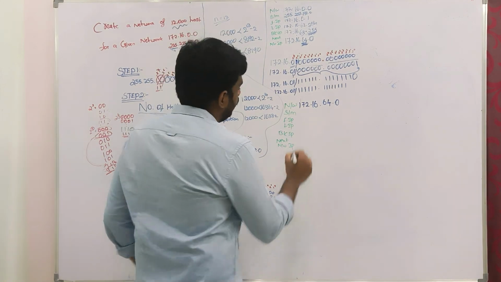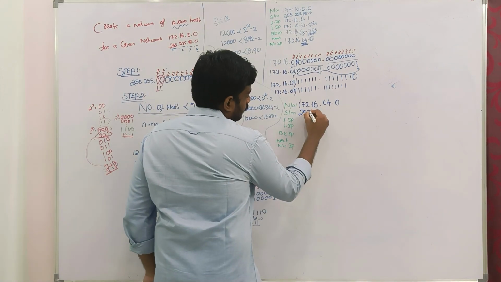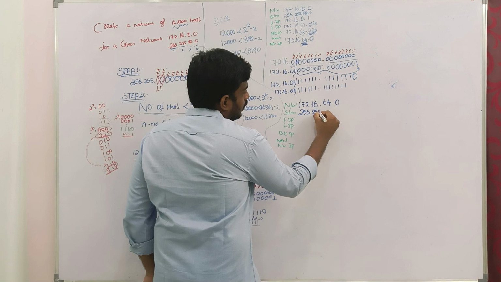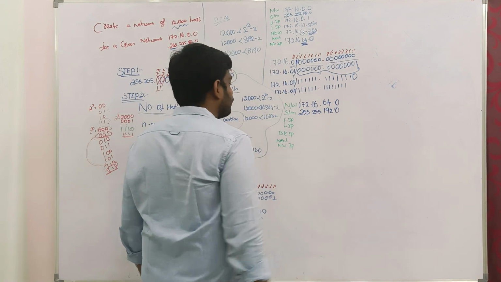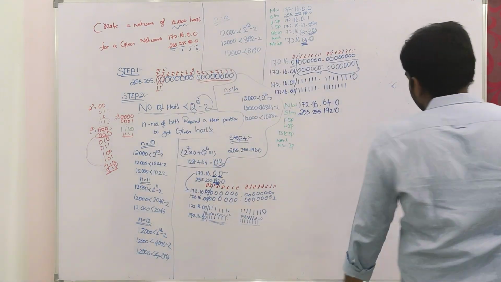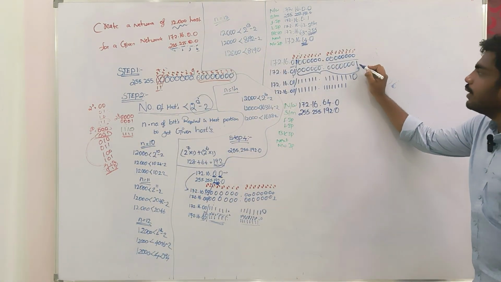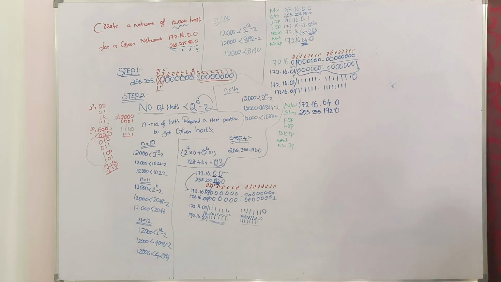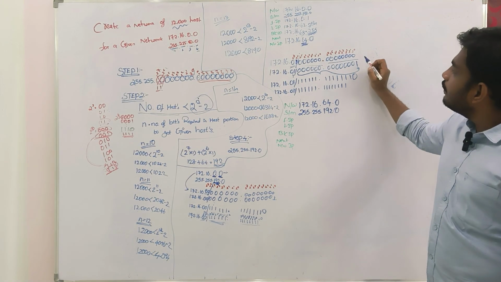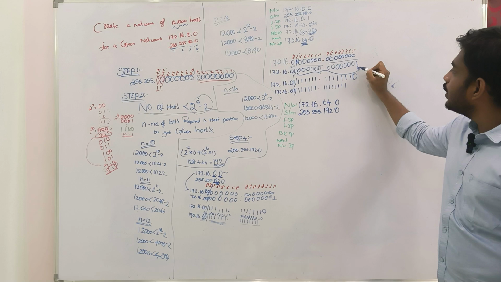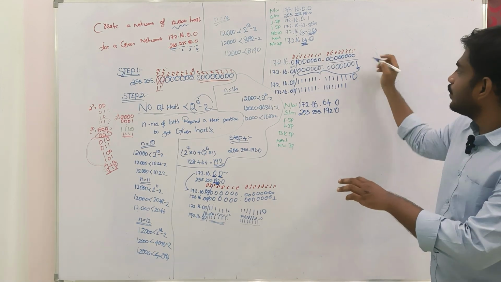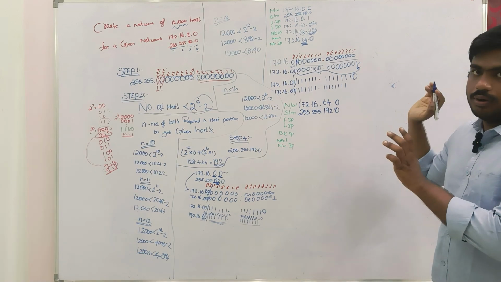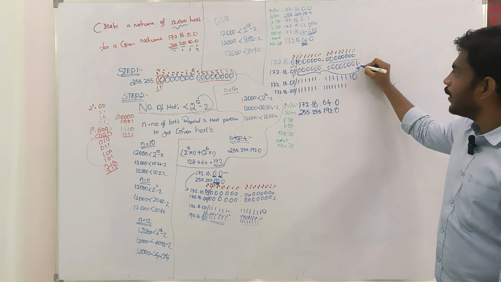Subnet mask we already found, from the very start we were finding only the subnet mask: 255.255.192.0. What will be the first IP? You just go and multiply the corresponding binary bits with the power of 2. In the fourth octet we have a 1, which from right to left, the starting bit on the right side, is the 1.